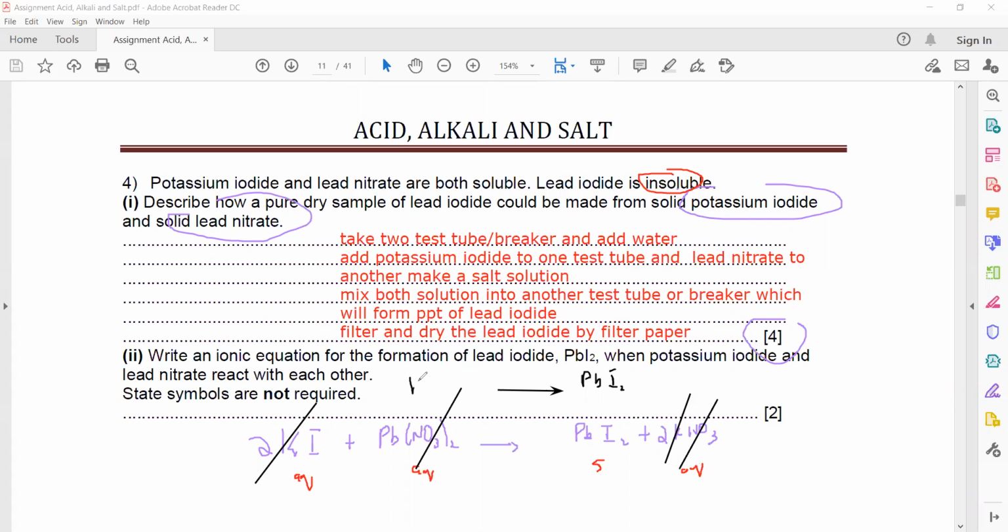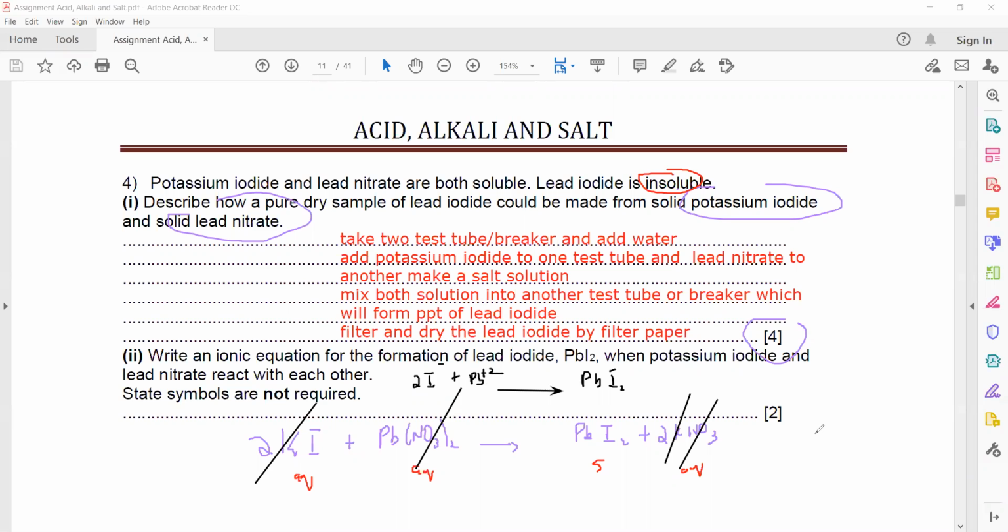So potassium is cancelled and nitrate is cancelled. We are left with 2 iodide ion, and we are left with 1 lead ion. And the valency, because it's lead 2, so you should write the charge, it's +2. So 2 iodide ion plus 1 lead ion will give lead 2 iodide.